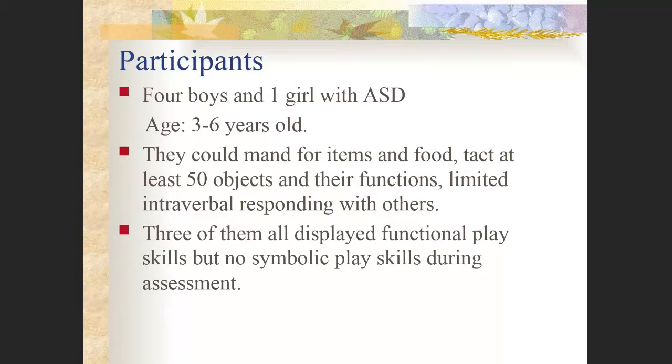They could request items, and they could identify or label at least 50 objects and their functions. They could respond to social questions, but they couldn't maintain conversations. And 3 of them displayed functional play skills, and then they did not have, not 3 of them, 5 of them.